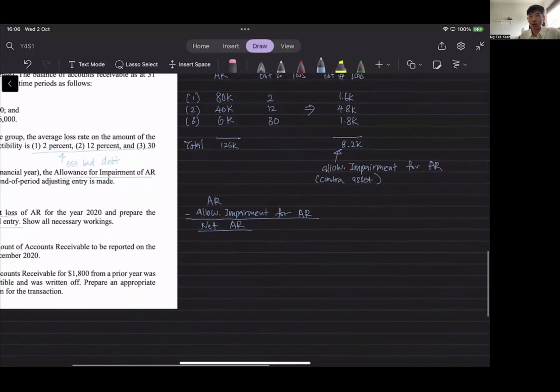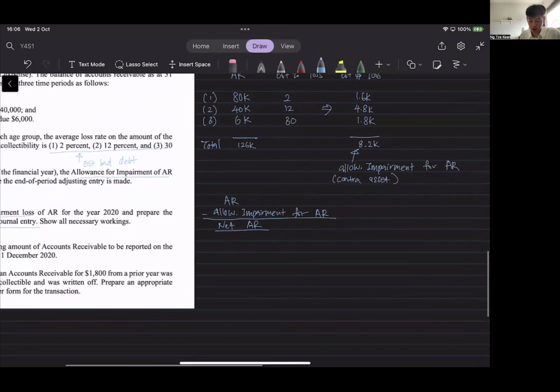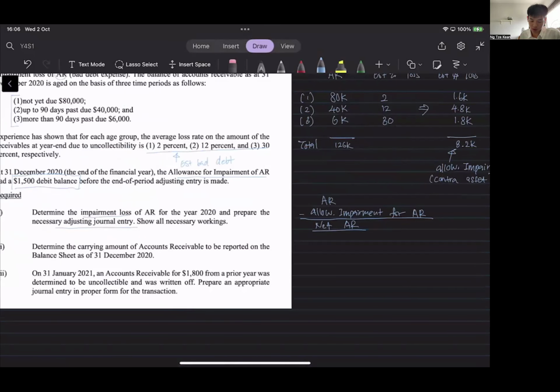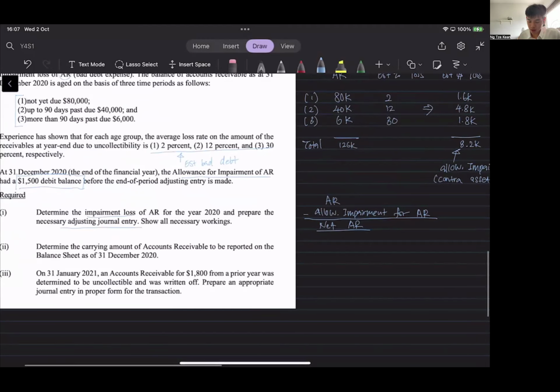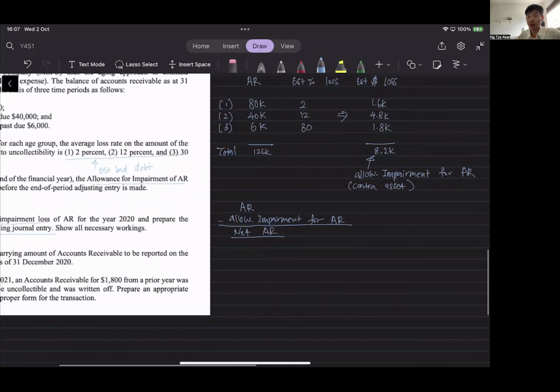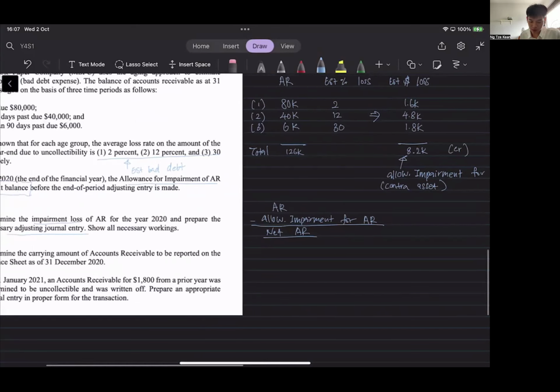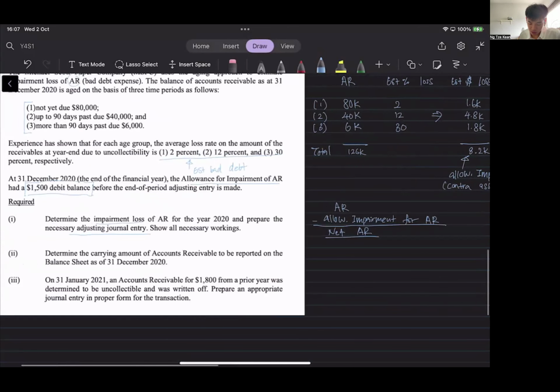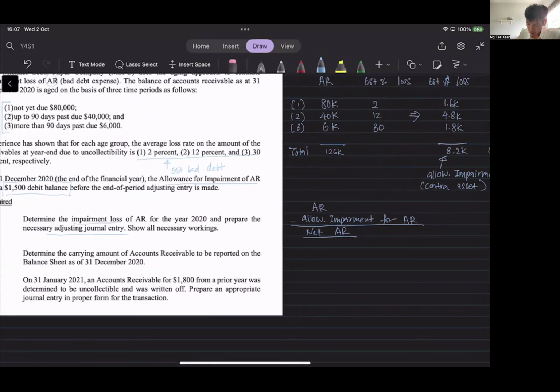And what we do is, now that we know how this allowance will work, we would expect that the allowance for impairment of AR usually holds a credit balance, meaning this 8.2K calculated is to be a credit balance. Now we are told that the allowance right now is a 1.5 debit balance, and we want to transform this into a credit balance.